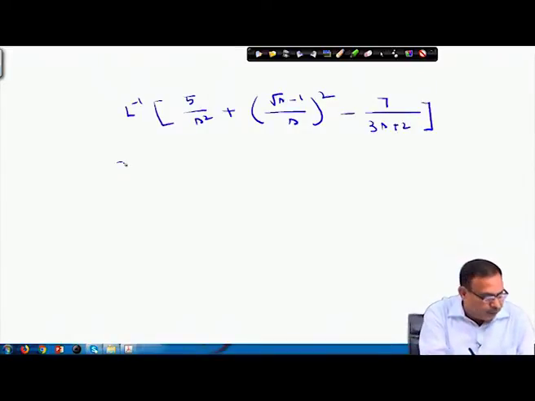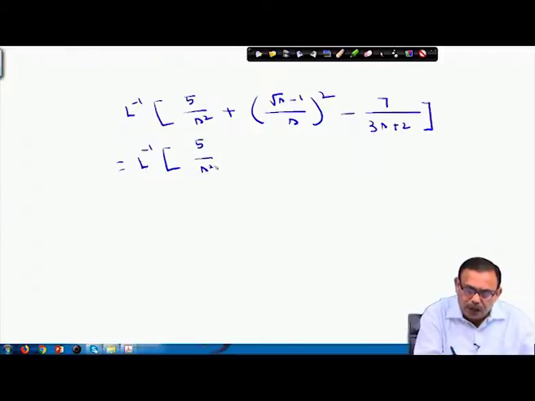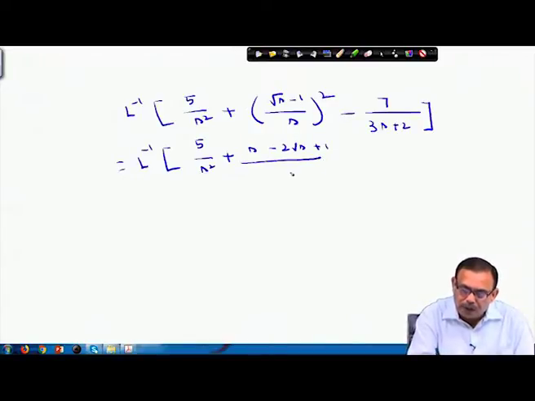So, I can first write down Laplace inverse of 5 by s square plus, breaking this, s minus 2 root s plus 1 by s, minus 7 by 3s plus 2.